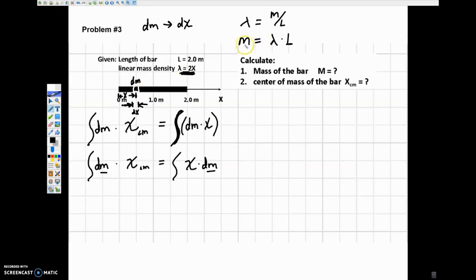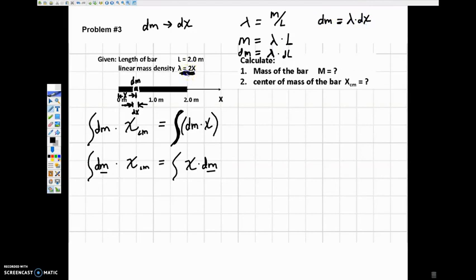So we cannot say lambda times the whole length because lambda changes bit by bit as we go to the right. But what we can say is dm is equal to lambda times dl, because if dl is small enough, then the value of lambda is constant over that dl. And another way of writing dl is dx, so we could say dm is equal to lambda dx.